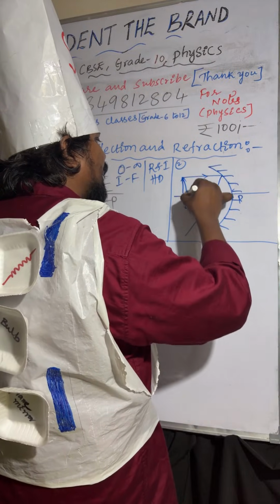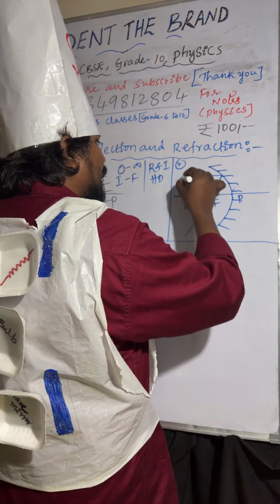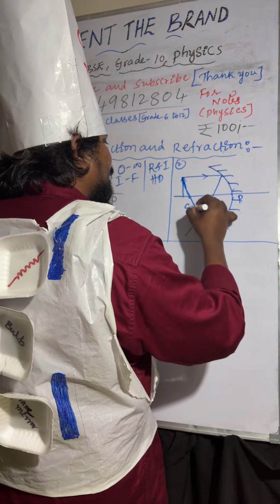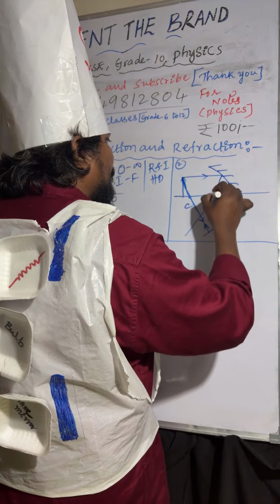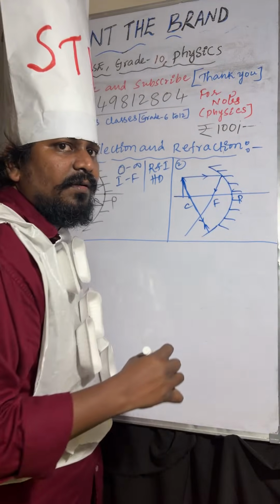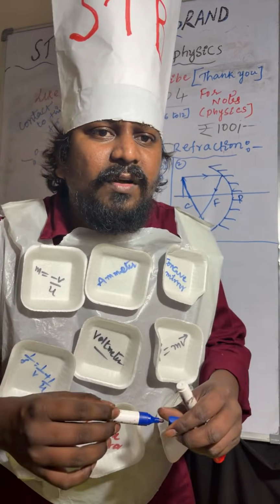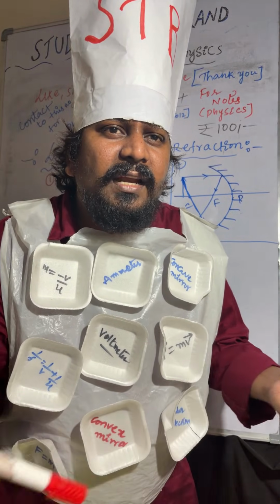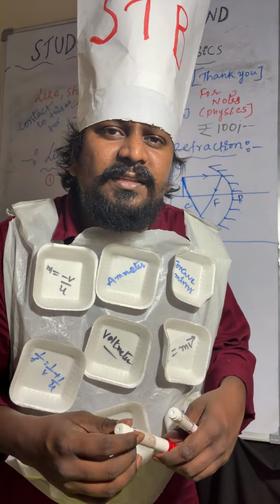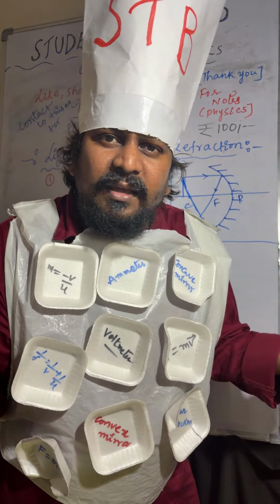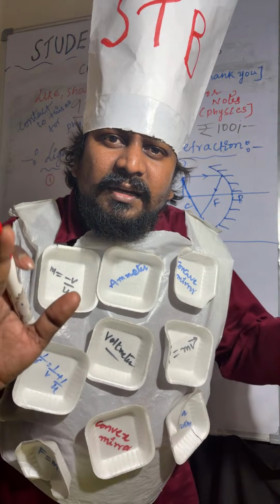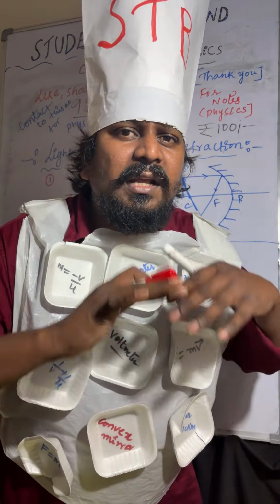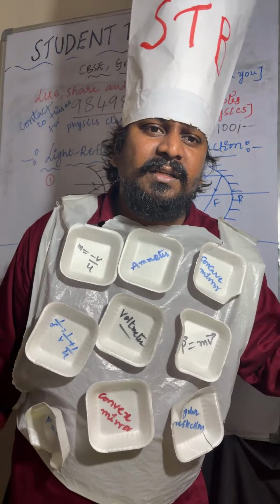I am taking them like this. Where is the image formed? Between C and F. What is the nature of the image? Real, inverted, and diminished.